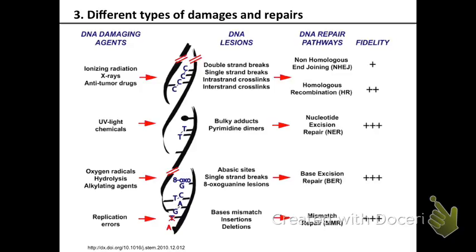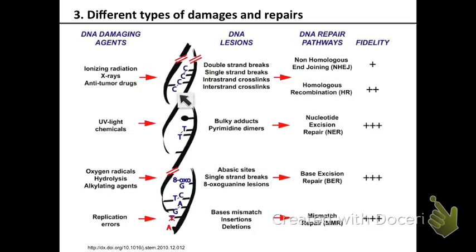So what are the different types of damage that can occur? Here's a table that summarizes all of these. Okay? It's a little bit of a boring table, but please pay attention and learn what these types of damage are and what kind of repair mechanisms can repair them. All right, so the DNA damaging agents outside the cell, so these are not inherent in the DNA, right? These are damages coming from outside the cells, could be ionizing radiation, X-rays, and anti-tumor drugs.